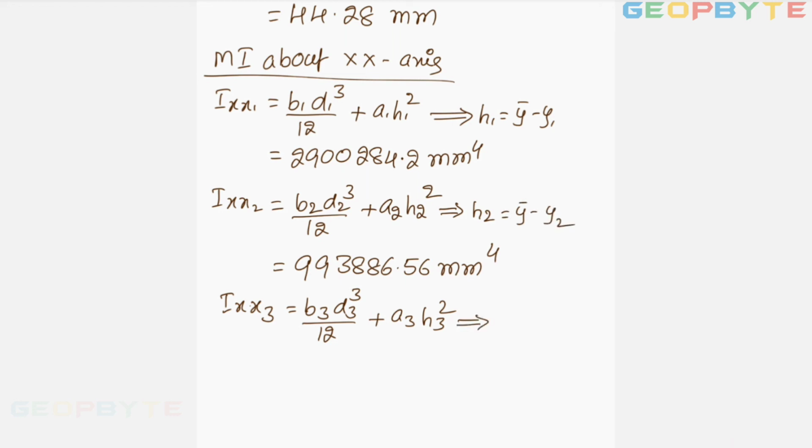For this case h3 equal to y bar minus y3. You put all the values for simplification for getting 45086.6 mm power 4.